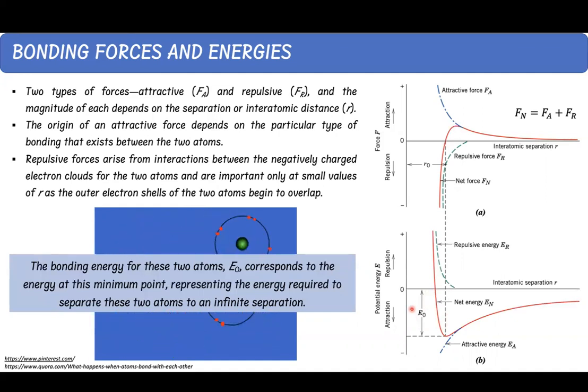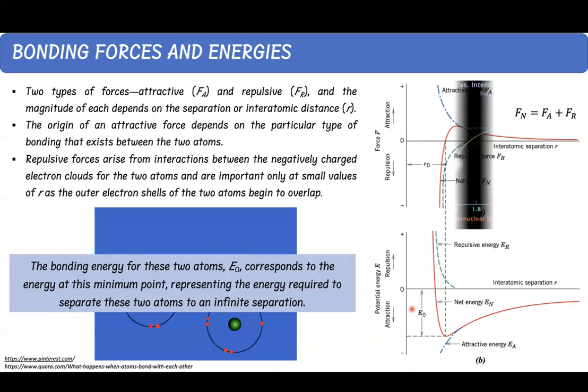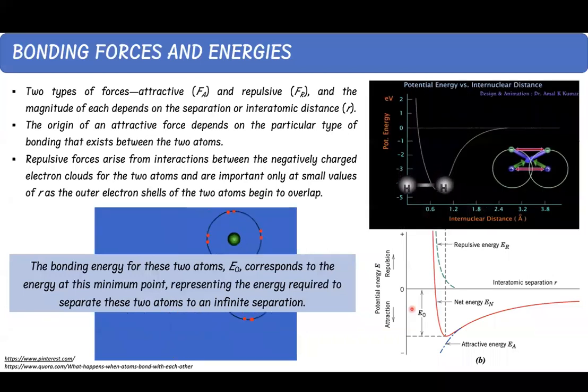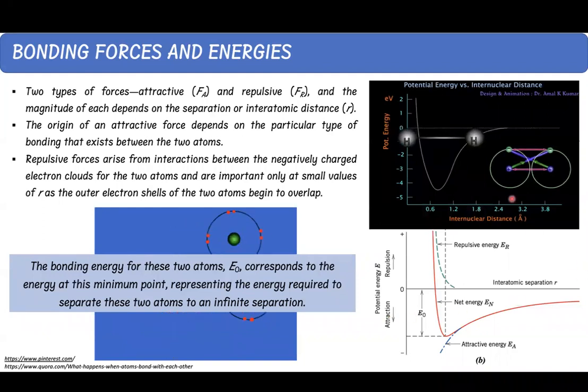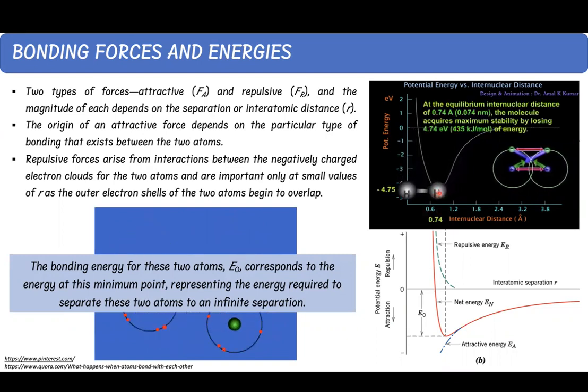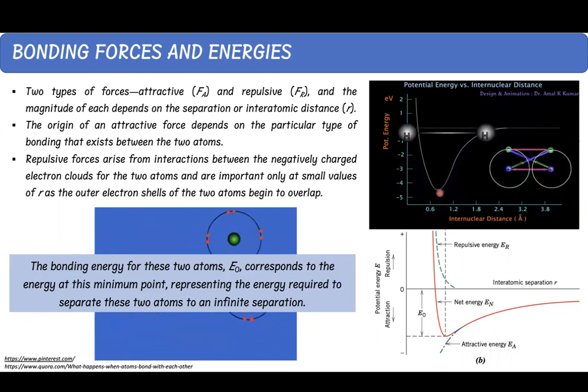between the two atoms. Let's take a look more clearly at the simulation. With hydrogen atoms, when they get closer and closer to each other, at one point of the equilibrium state they stop, neither getting closer nor going away from each other.